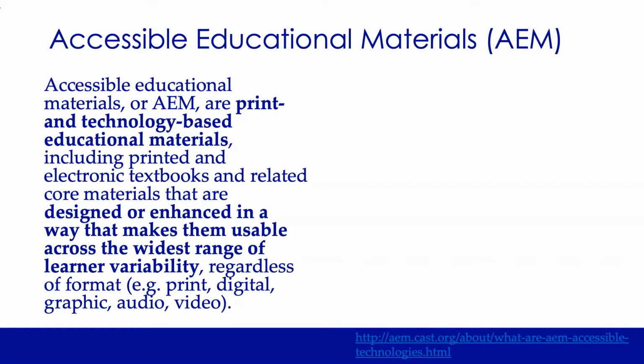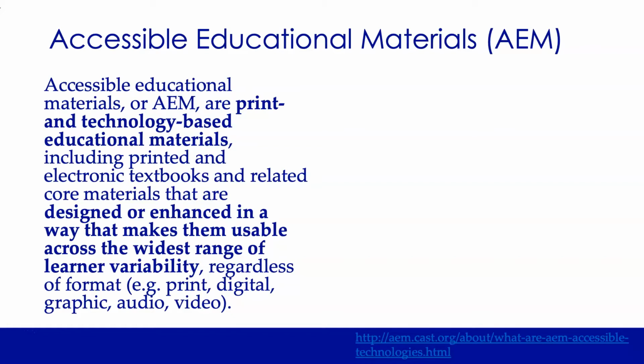Even if they are high quality and standards aligned, the fact that they are in a print-only version provides a barrier. If we're talking about individuals with vision loss, for example, they may not be able to perceive those materials if it is only done in a 12-point font print, and therefore they are not accessible.